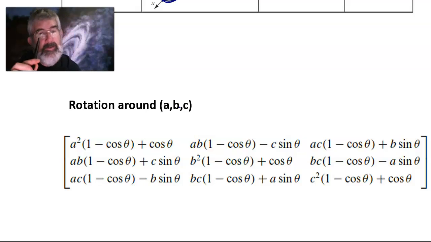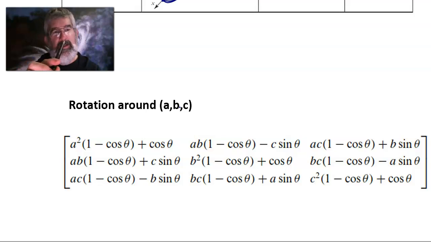And the way I usually calculate it is I say take this axis and rotate it so that it's in, let's say, the xz plane, and then rotate it up so that it's in the direction of the z-axis, and then do the rotation that I want, and then come back down and back over so that I start from where I began. So to do this rotation around an arbitrary axis, I actually do 5 rotations.